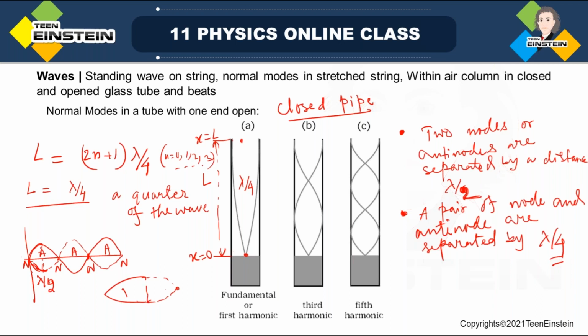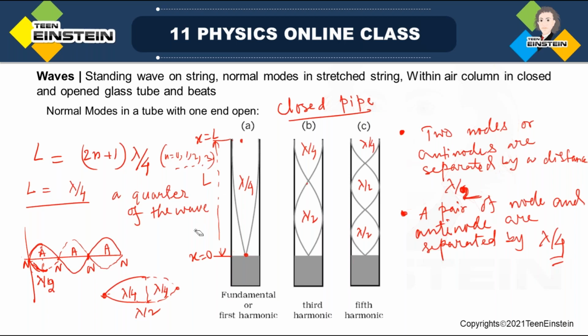So up to this is lambda by 4 and this is lambda by 4. Because in between two nodes it will be lambda by 2. So this is lambda by 4, and this is lambda by 2 because two nodes are there. This is how things are.